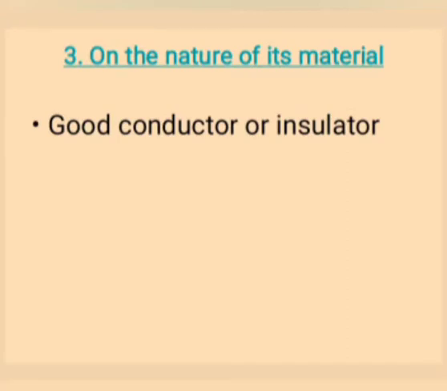Third factor is nature of the material, whether it is a good conductor or an insulator. If it is a good conductor, resistance is less. In the case of an insulator, the resistance is high. Resistance also depends on the temperature. Resistance of a material changes with temperature.